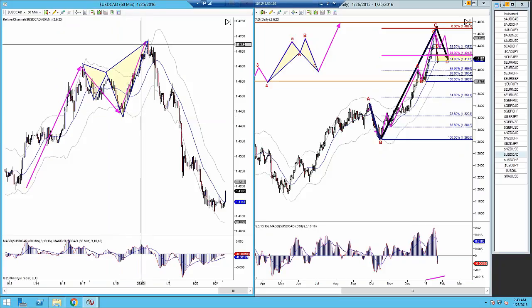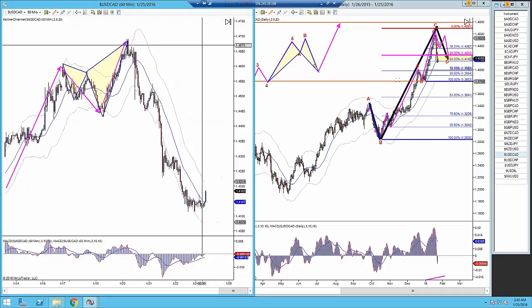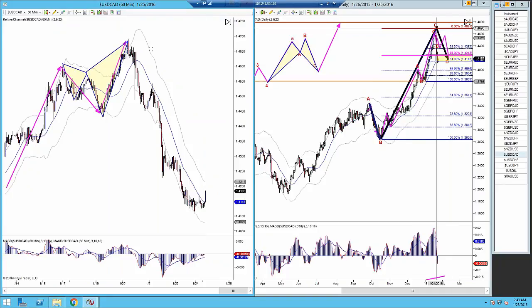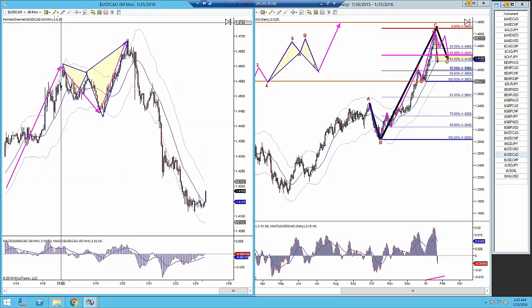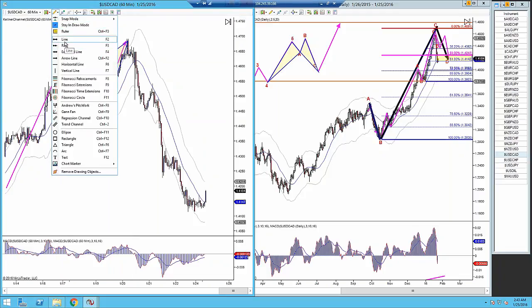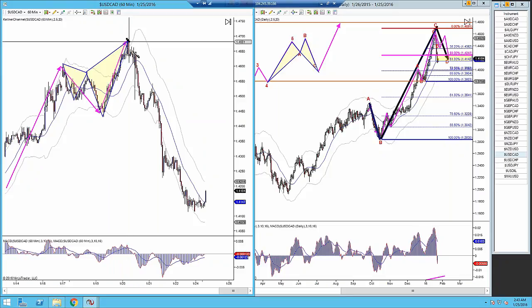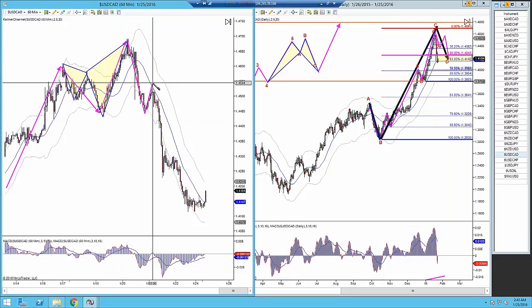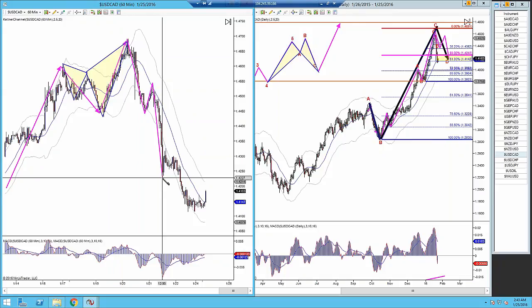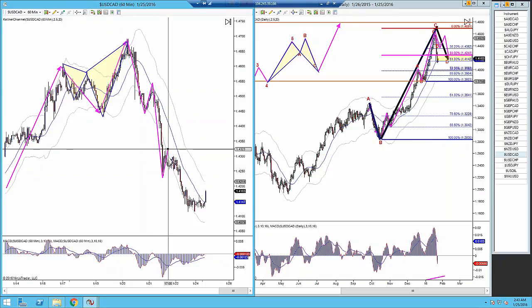So when this happened last week, we talked about how the market had completed the 5 wave up and that you're looking for this type of scenario. So once that happened, let's take a look at what happened on the downside. 0, 1, 2, 3, 4, 5.